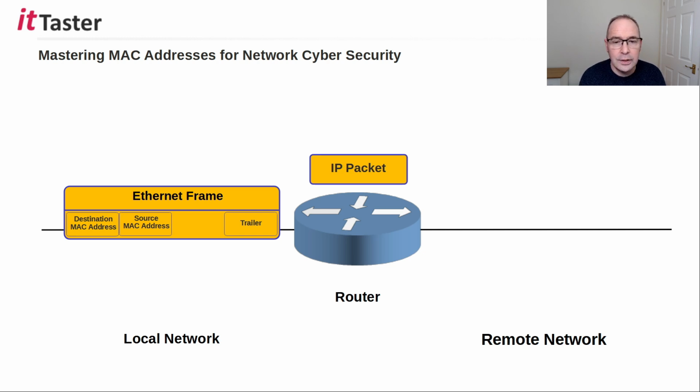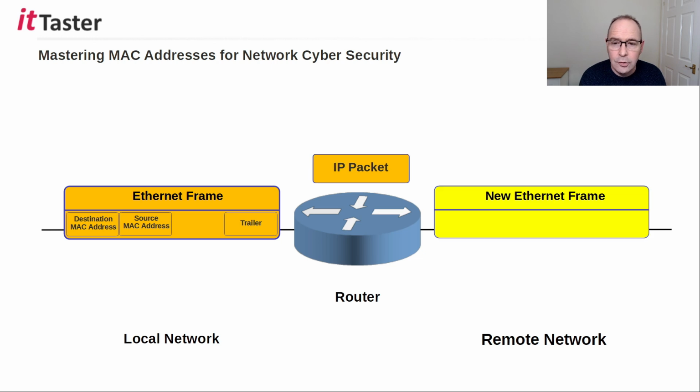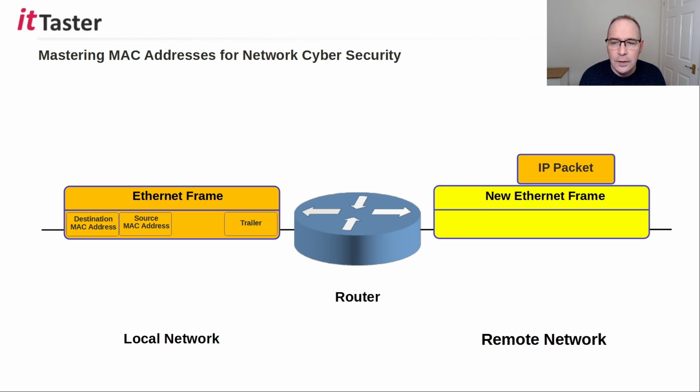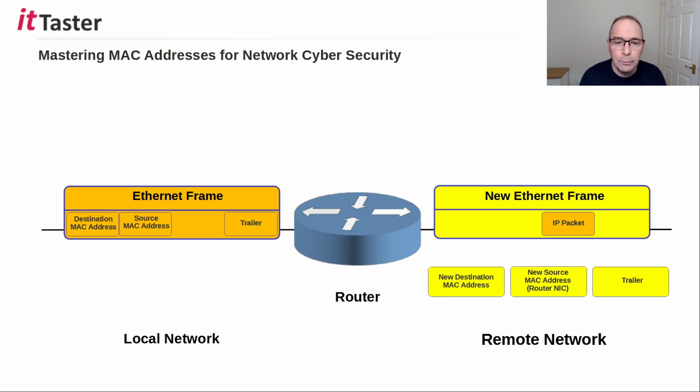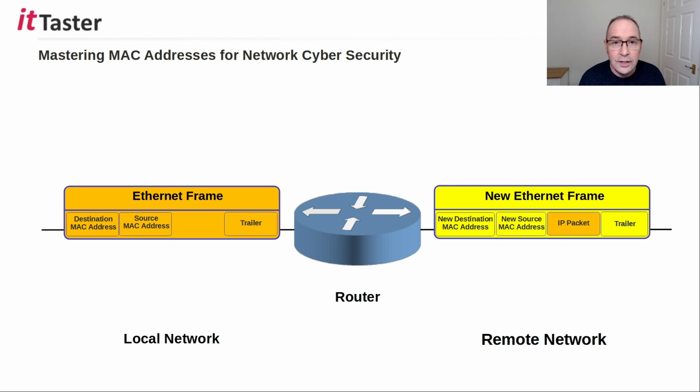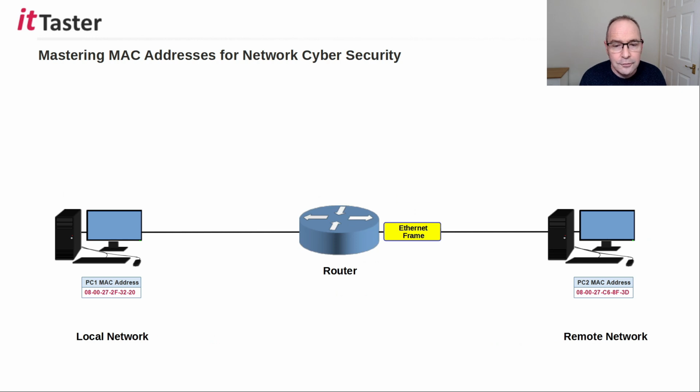The router then repackages the packet by creating a new frame, which is transmitted from its other interface, the one connected to the remote network. Then comes the important bit. The router substitutes the source MAC address with its own MAC address, and it also adds a new destination MAC address, the MAC address of PC2. The new Ethernet frame is then sent on its way.